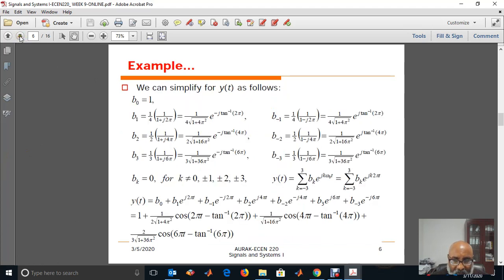So we see here we add this summation, and then we can simplify these to cosine. We can group these two and write it in terms of cosine, and we can take B2 and B minus 2 and write it into cosine again. We can take B3 and B minus 3 and write it in terms of cosine. This is how to calculate the output y of t.